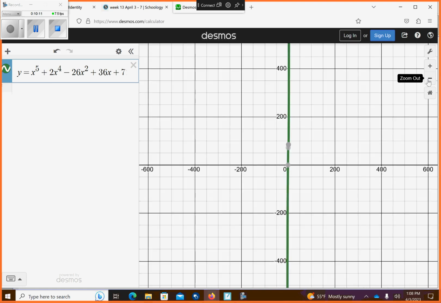Oh, I made a mistake in my multiplication. x to the fifth minus 13x to the third plus 36x plus 2x to the fourth minus 26, oh, 26x squared plus 72.